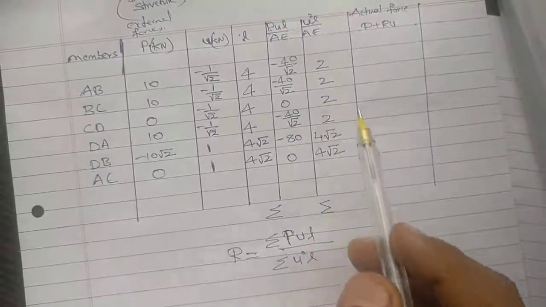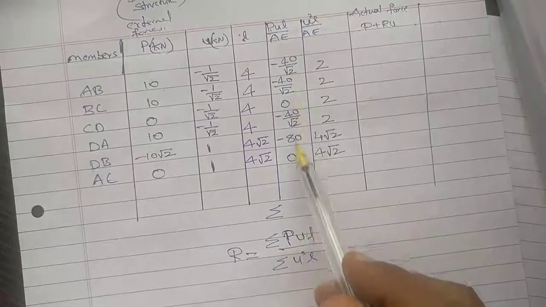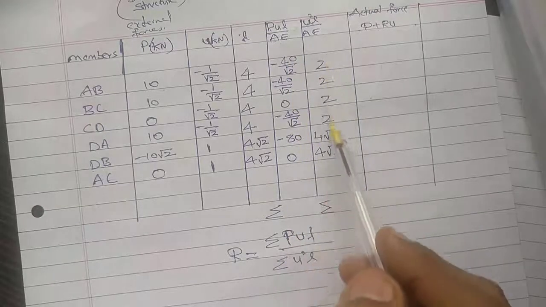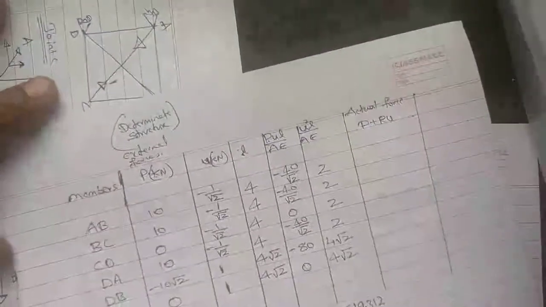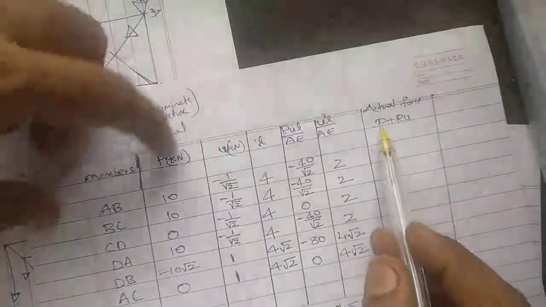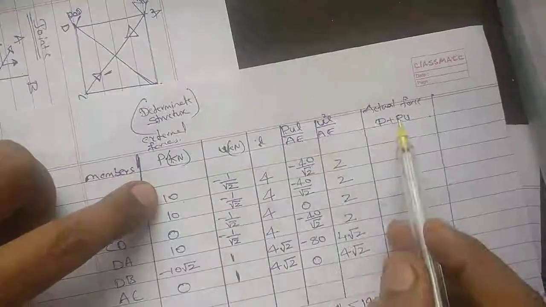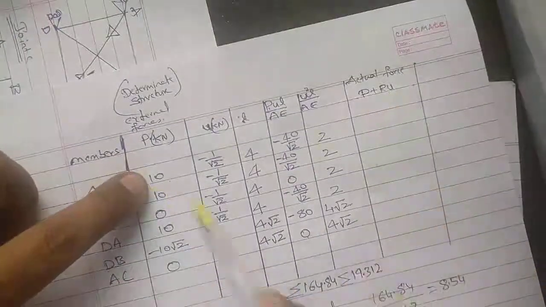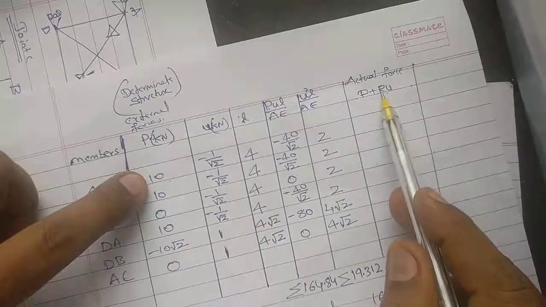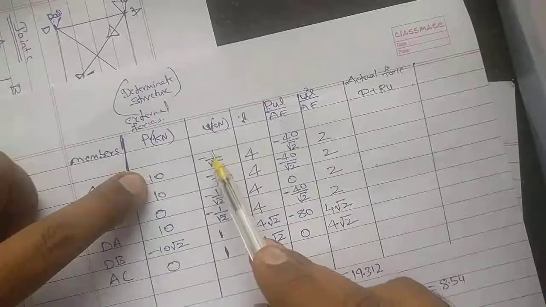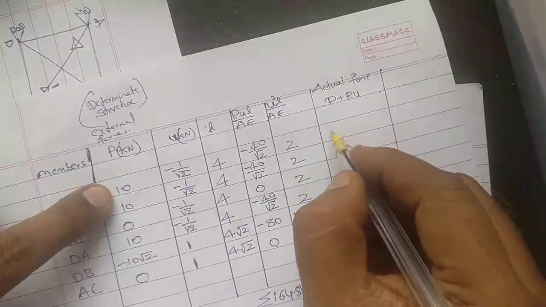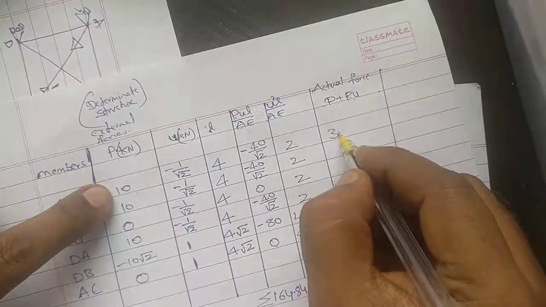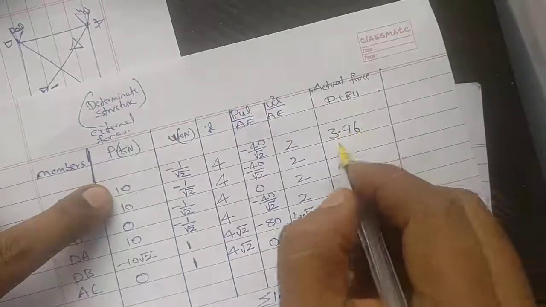So now we have to add all these things, this and this. Now we have to find the actual forces here. P is 10, R we got as 8.54, so 8.54 into this one, minus 1 by root 2. When we do this, we will be getting 3.96.